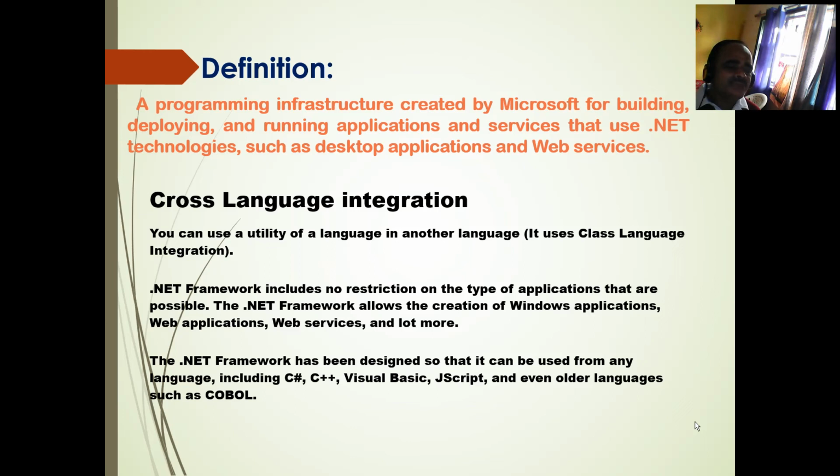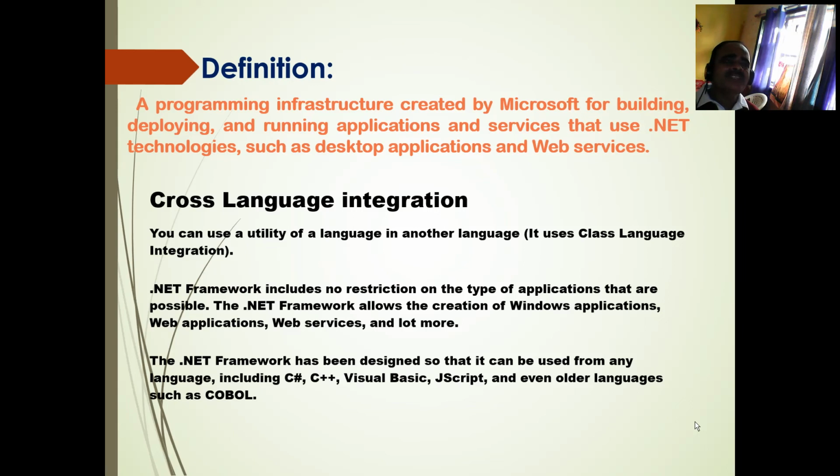If we want to develop the application, basically the .NET framework allows two types of applications: window-based application and web-based application. And also we can develop different kinds of services, like web services or maybe Windows services. So you may use different kinds of languages for this.